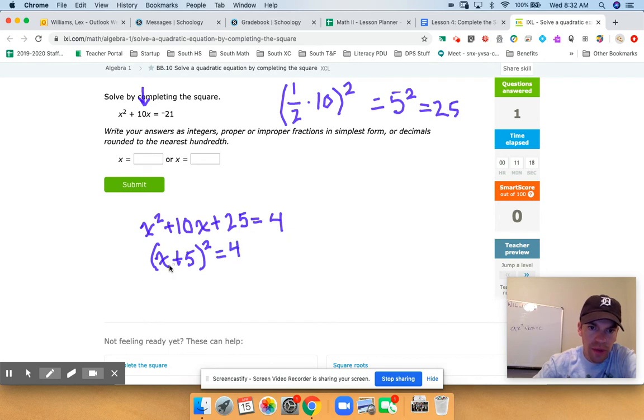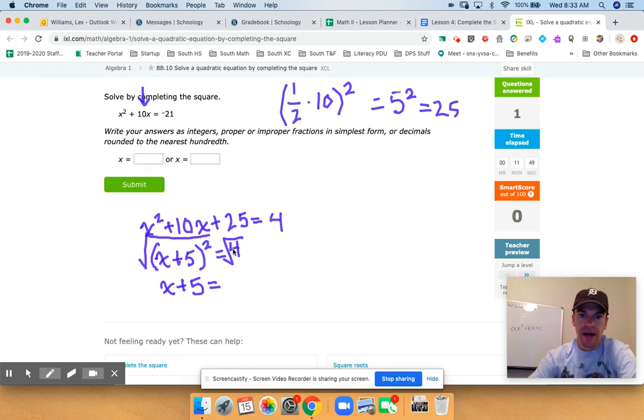Remember, our goal is to get x by itself, and there's going to be two answers because we have to take a square root. To undo this little 2 here, you do the inverse operation, which is the square root. So take the square root of each side. This just cancels out that 2, so we have x plus 5. And when we take a square root of just a number, remember there's a positive and a negative answer.